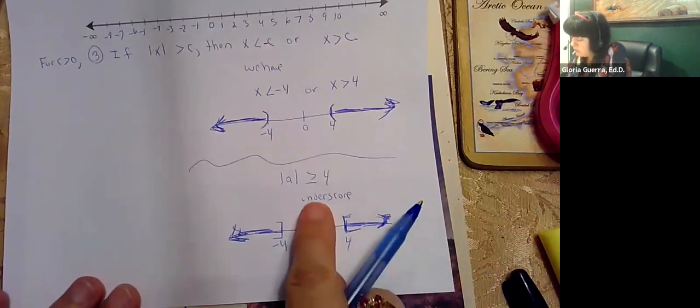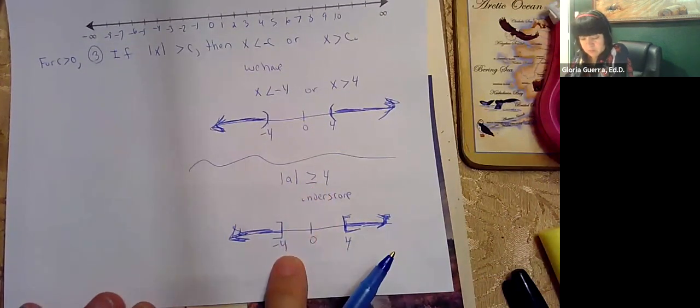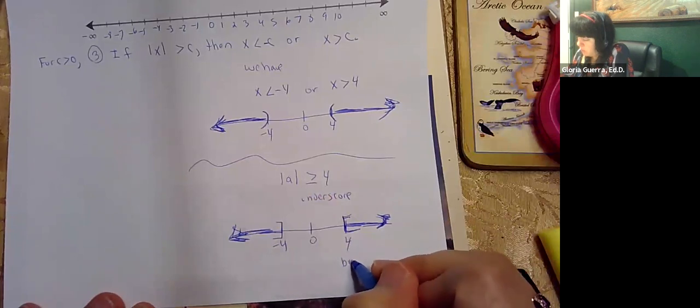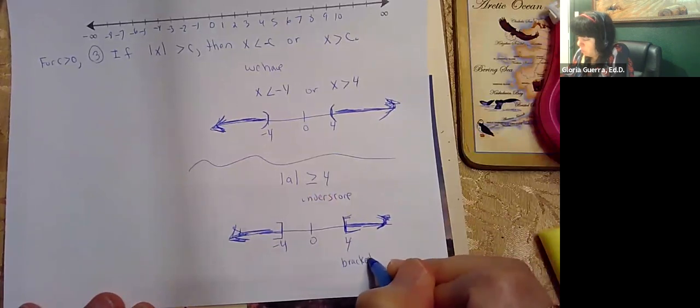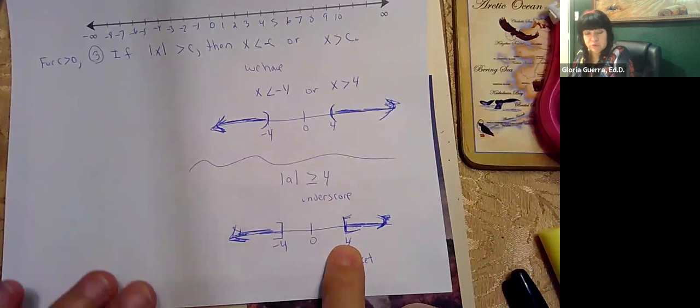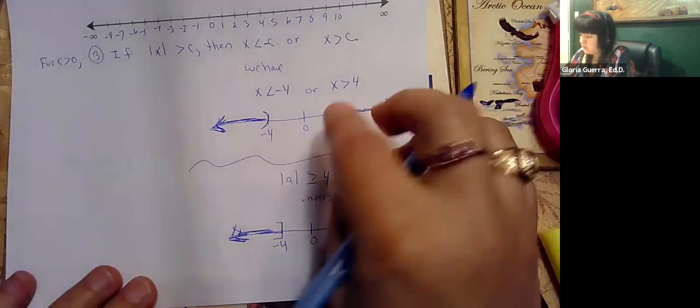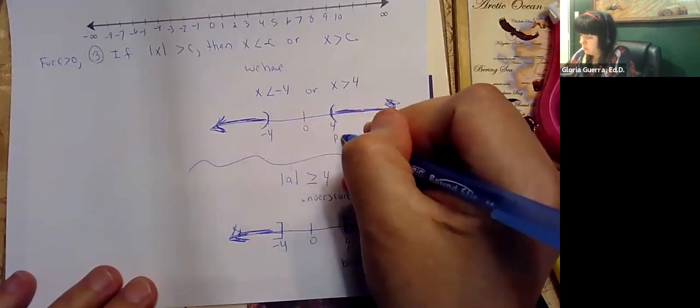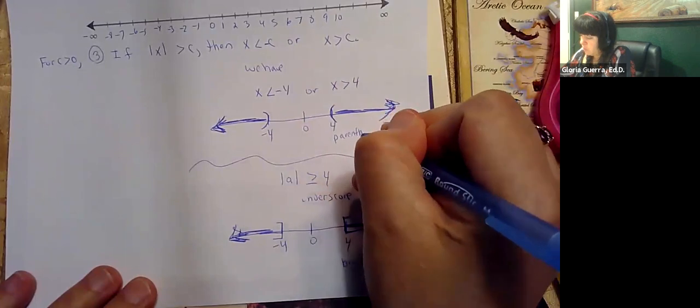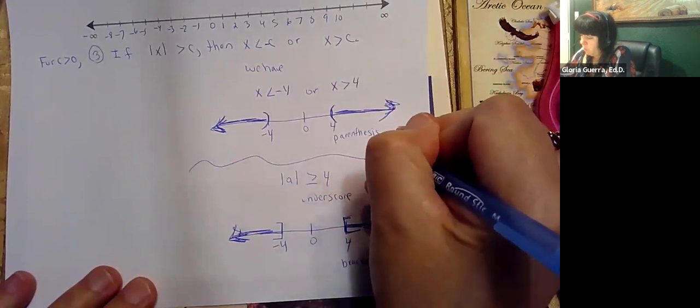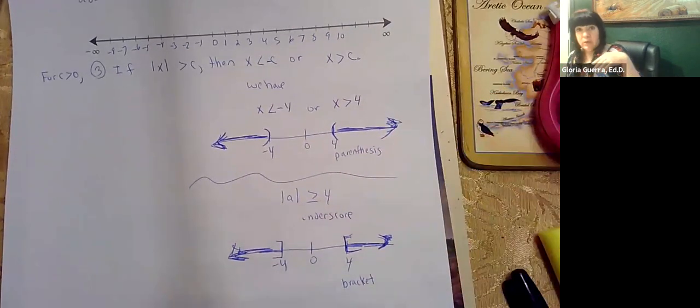If it had this little underscore, I would have used the bracket in the direction that we're shading. But since it doesn't, this is using parentheses. And for us, we're narrowing it down to just the integers.